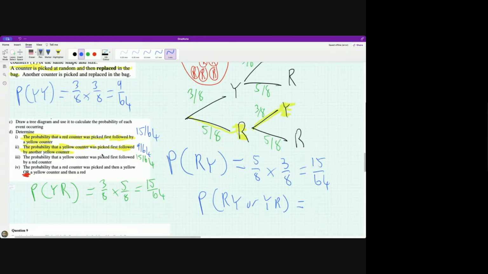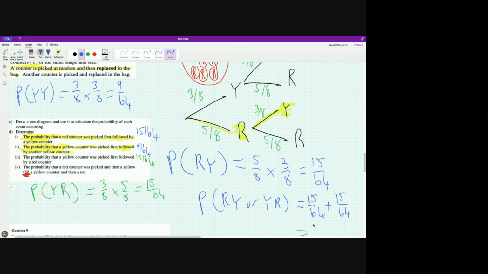Boucle, you have got this correct. You add them together. Yes, you do. So this last one, what is the probability of getting red, yellow? We know it is 15 over 64, but because there's an or, okay, we are going to add, what is yellow, red? Yellow, red was 15 out of 64.